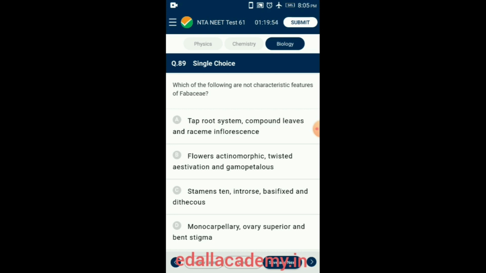The number of stamens is 10, and the fruit is a legume or pod. So the answer for this question is option B. Flowers are actinomorphic, twisted aestivation, and gamopetalous are incorrect statements.